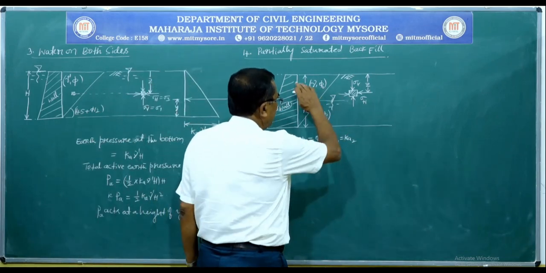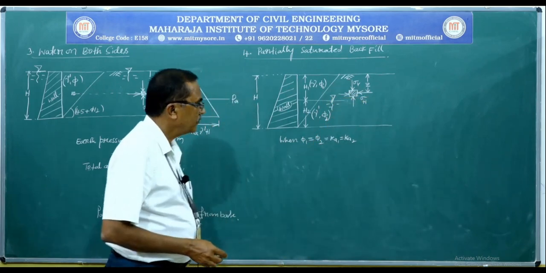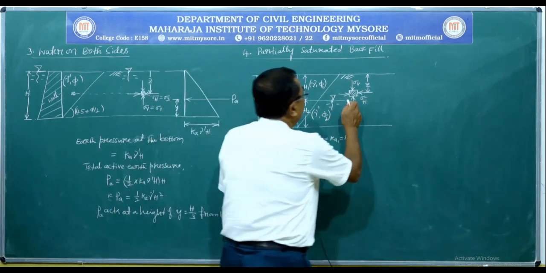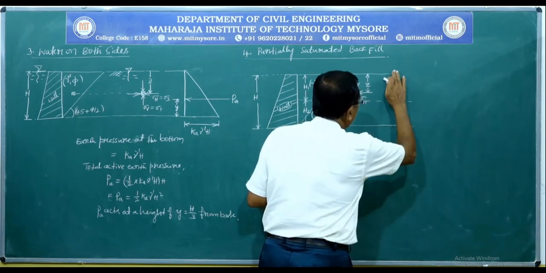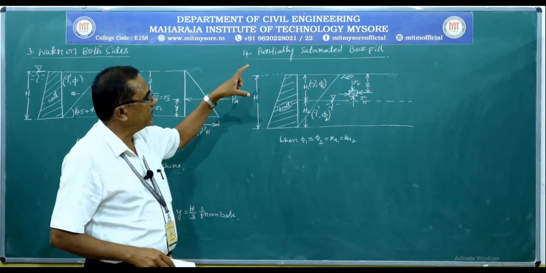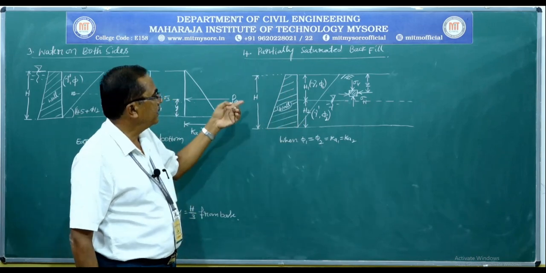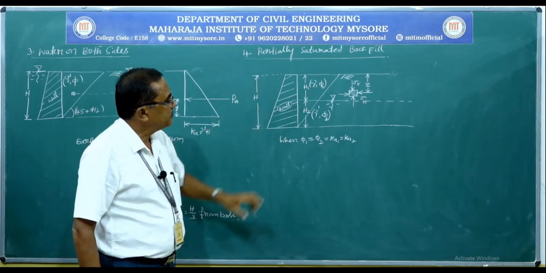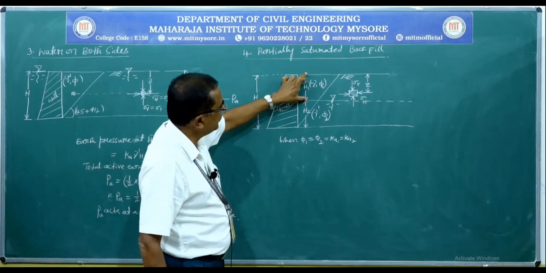Next, as usual, the pressure at the surface is 0. We need to calculate pressure here in stages. First, we have to calculate pressure due to this dry backfill, and we have to calculate pressure due to submerged backfill, because here there is a combination.